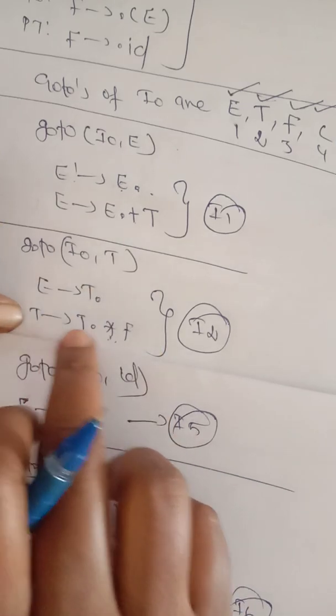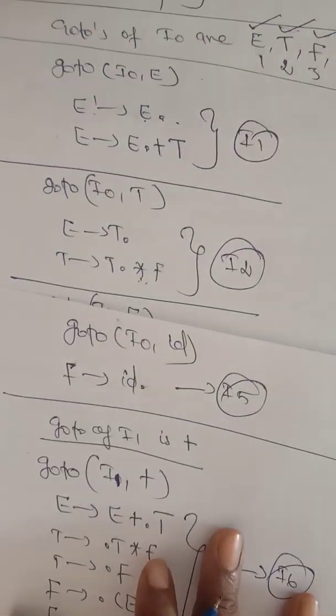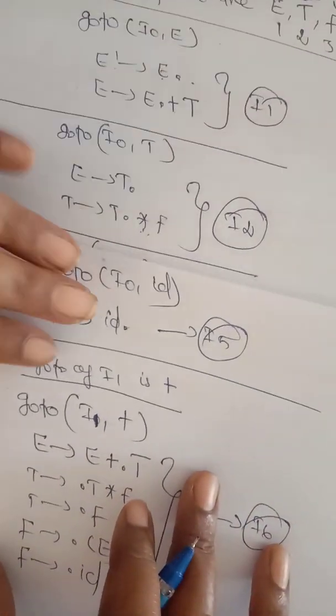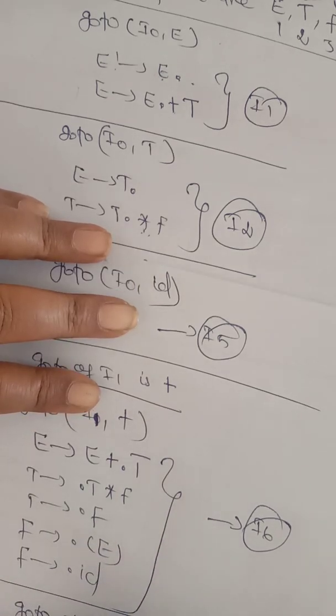In the second one we are having star. So goto of I2 is star.